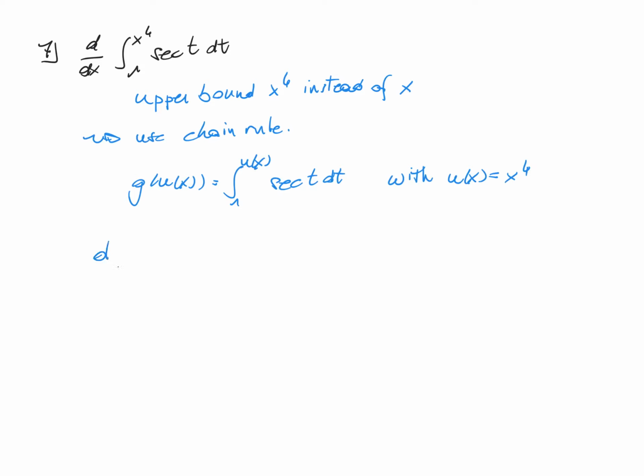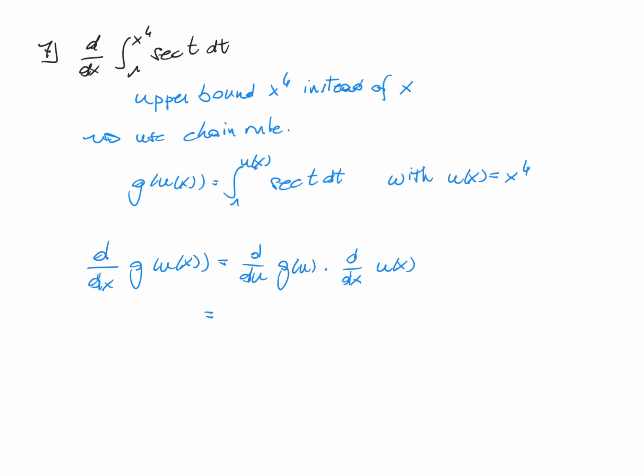So if we derive this, d dx of g of u of x, this is the derivative of g with respect to u, d du of g of u, times d dx of u of x. This is the chain rule that we apply.